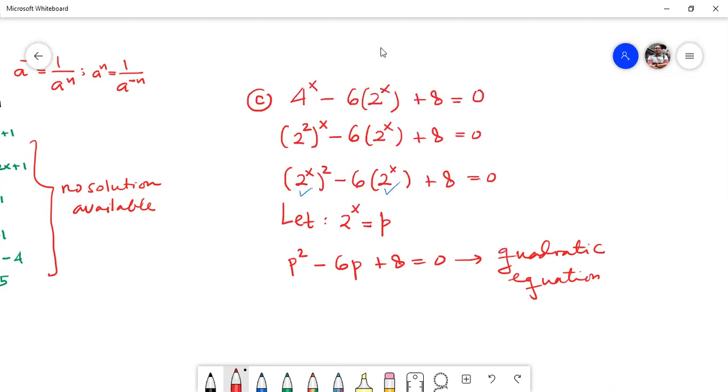Bear in mind, once again, this type of equation will lead you into a quadratic equation as long as you know how to figure out the base number or the exponent number with the power of x or any unknown variable. Okay, and then just use this kind of process. That's really important. But if you have your own way and it leads you to the correct answer, it doesn't matter. This is mathematics.